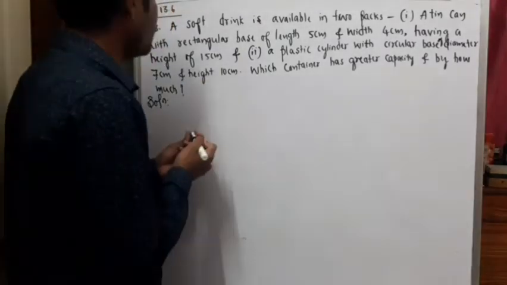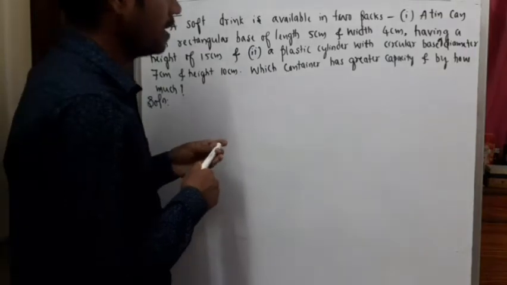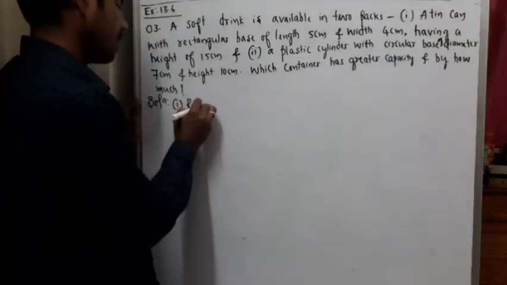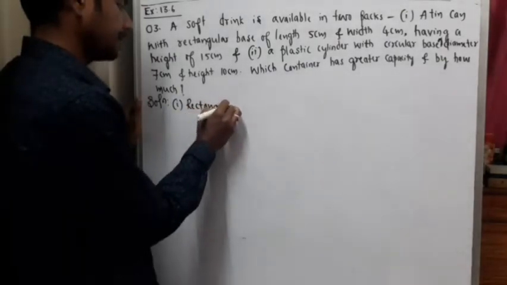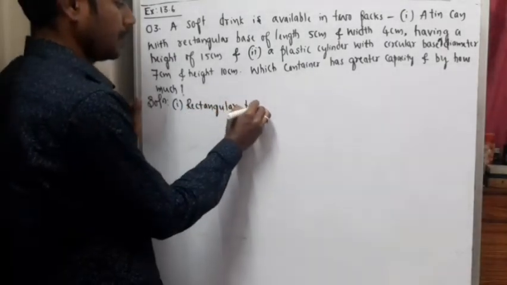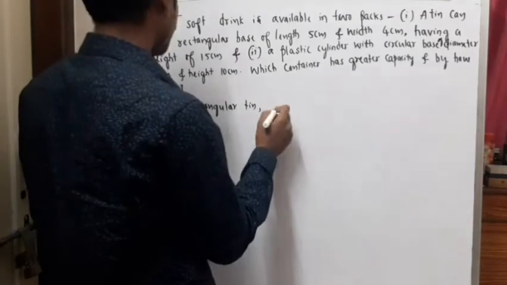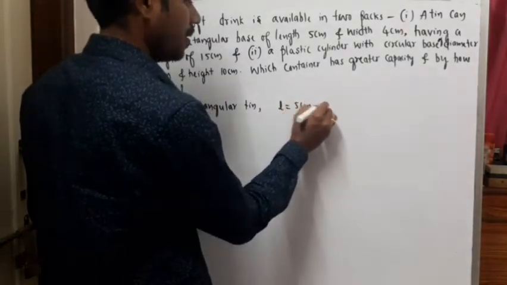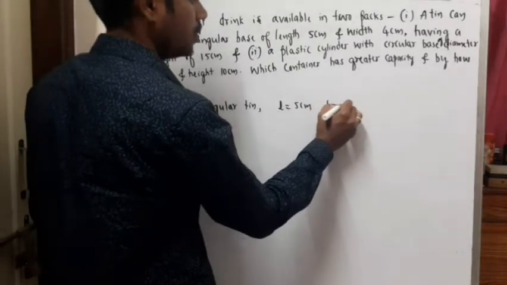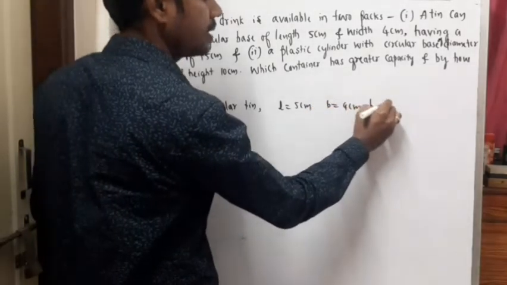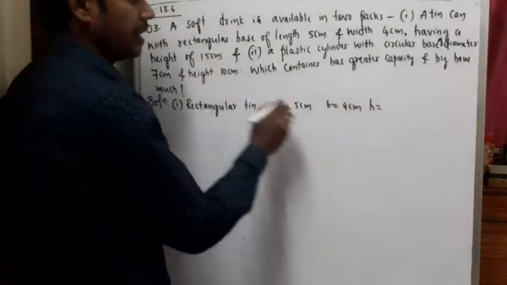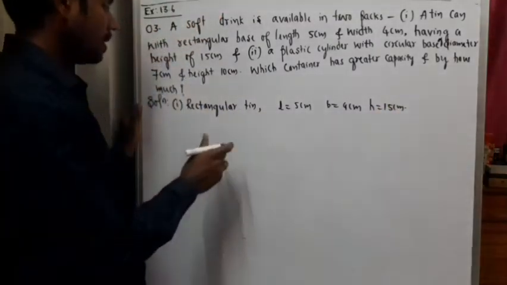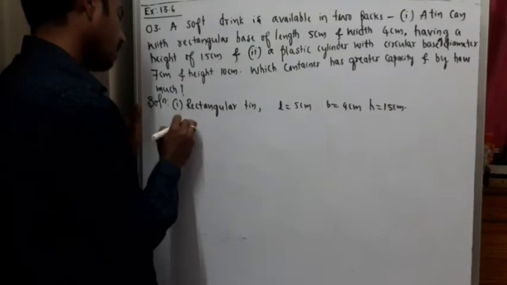Okay, what we need to do now? First we'll find the capacity for the rectangular tin. What is given? The length l is 5 cm, breadth is 4 cm and height is 15 cm. So what is the capacity of the rectangular tin?